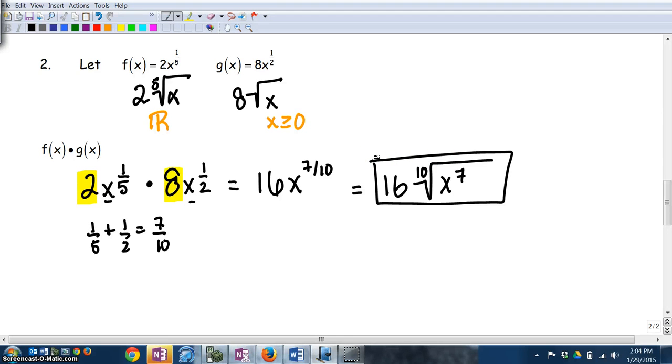Okay, so now we check. This f of x could be whatever we wanted. g of x had to be greater than or equal to 0. So we need to consider both of those, and we need to look at our final answer. We don't have any fractions, so we just take a look at this. x cannot be a negative here. It still can't be a negative here because we have an even root.